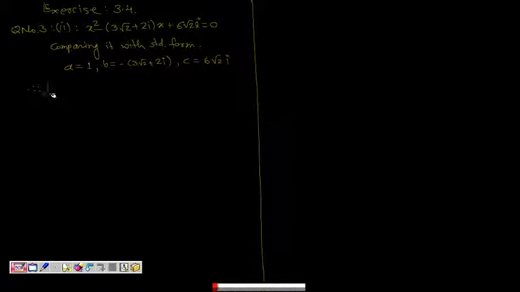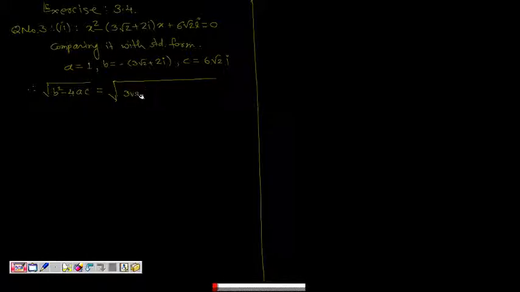Now let us take the condition for root of b square minus 4ac. So we will write the value of b square. The b square of the b will be (3 root 2 plus 2i) square, क्योंकि यह निगेटिव निकल जाएगा.